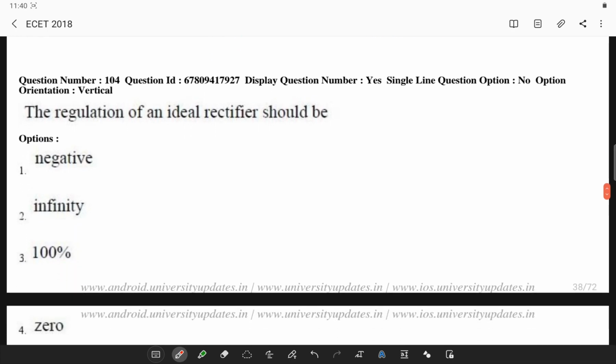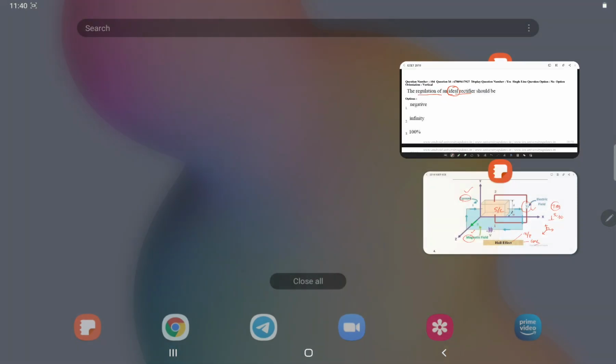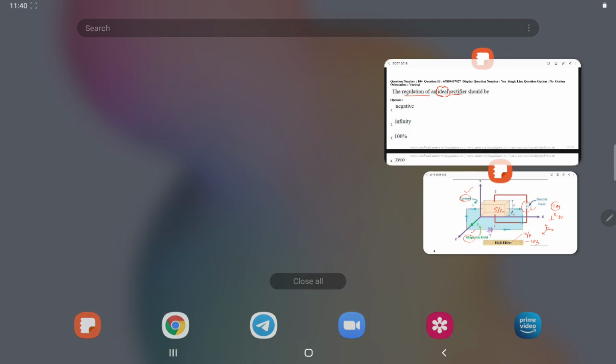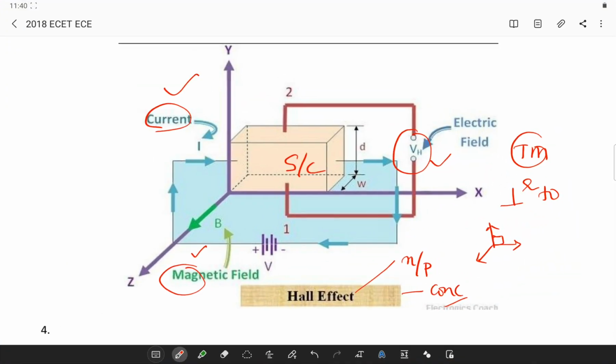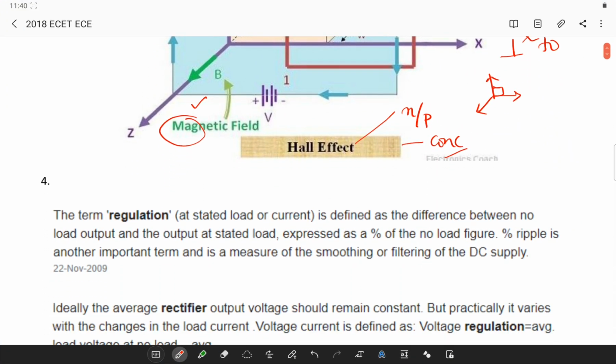This is related to the rectifier. What is the value of regulation in an ideal rectifier? We have to remember what regulation itself is. Regulation is basically the difference between the no load output voltage and the output voltage, generally as a percentage of V no load.